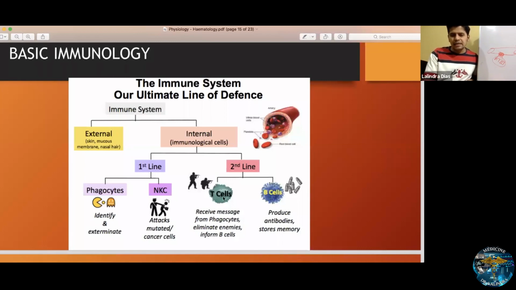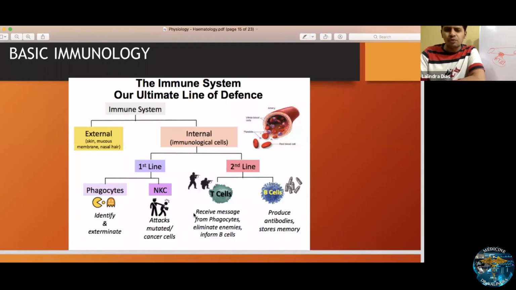So the second line defense, the cells receive messages from phagocytes and also eliminate the enemies. The T cells receive the messages from phagocytes, eliminate enemies and inform B cells.